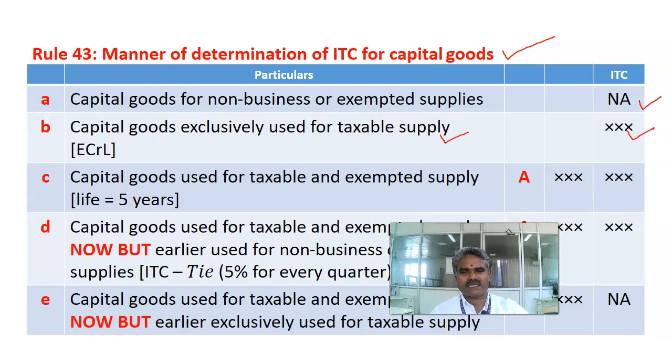Capital goods used for taxable and exempt supply, life should be up to 5 years. The capital goods used for taxable and exempt supply, but earlier used for non-business or exempt. So ITC minus 5% per quarter.